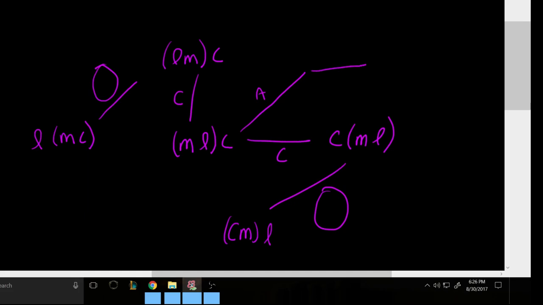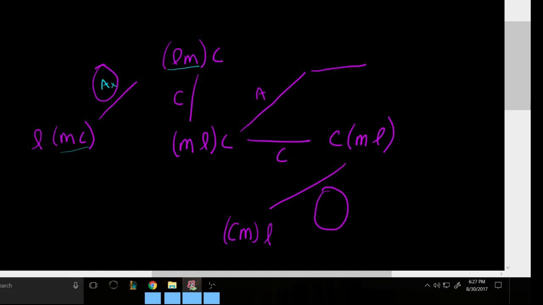We've got L times parentheses M times C, and then it's becoming parentheses L times M and parentheses times C. So if you notice, the thing that is changing here are the location of these grouping symbols, these parentheses. We're grouping two different things. Here you had MC grouped, there you have LM grouped. So this is applying the associative property of multiplication.